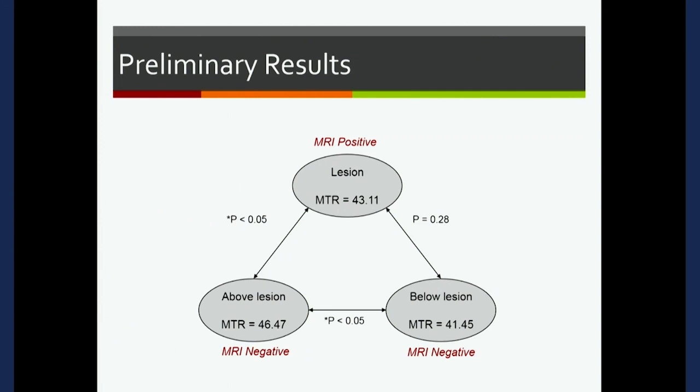So this was pretty interesting to us because we did not expect to see anything happening below the lesion, because this is MRI negative. So for once, we think that MTR probably was able to pick up things that MRI was not able to pick up, and that's why we saw differences.